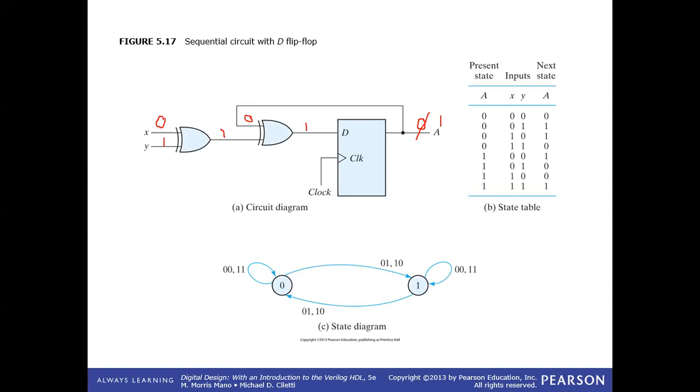How is this case where x is equal to 0, y is equal to 1 represented in this diagram over here that's in front of you? The output A is equal to 1 now. सर ये स्टेट 0110 पे 0 से 1 जा रहा है. Yes, very good. So this 0, 1 over here is basically representing that we are going from 0 to 1 when the input x is equal to 0 and y is equal to 1.